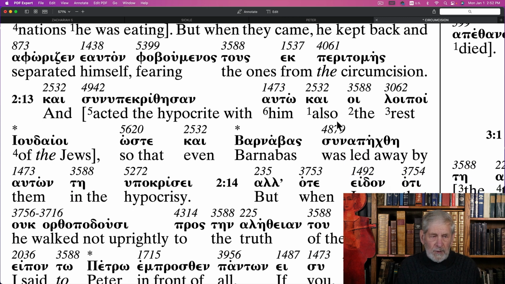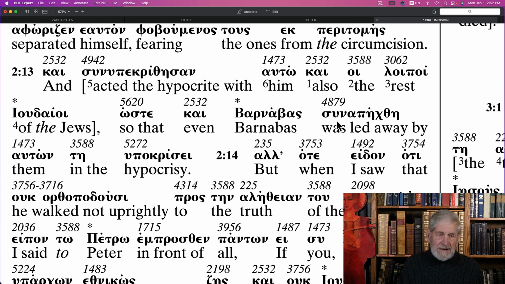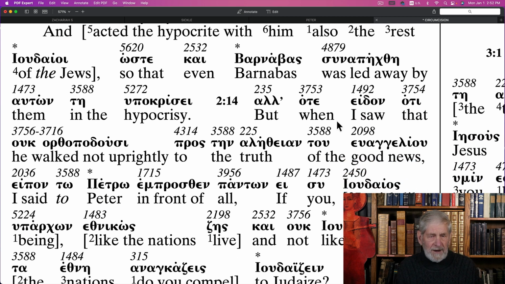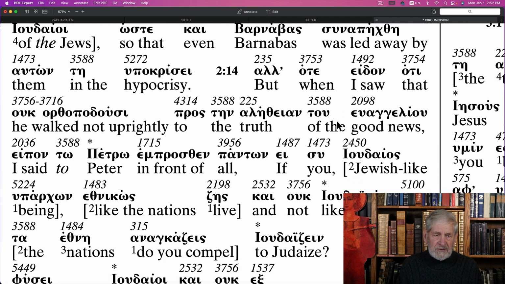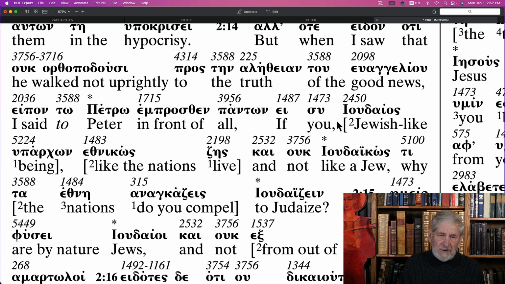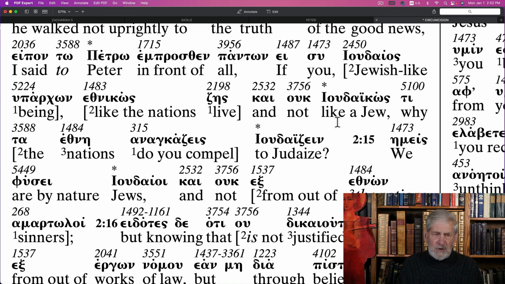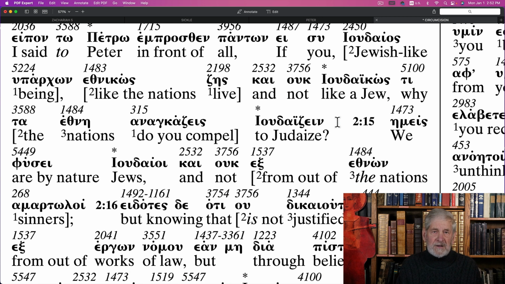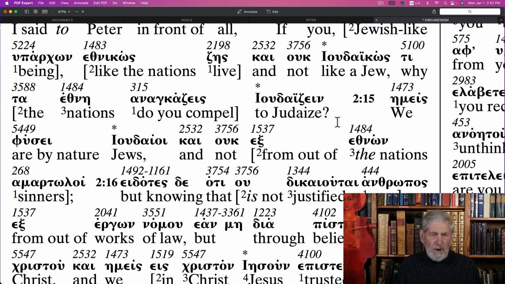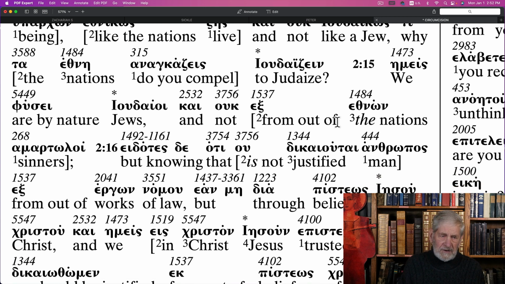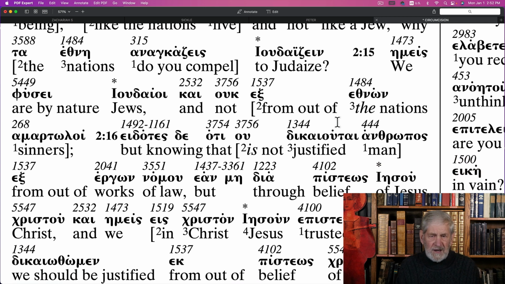And also the rest of the Jews acted the hypocrite, so that even Barnabas was led away by them in hypocrisy. But when I saw that he walked not uprightly in the truth of the good news, I said to Peter in front of all, if you, being Jewish, live like the nations and not like a Jew, why do you compel the nations to Judaize? We by nature are Jews, and so it goes forth.